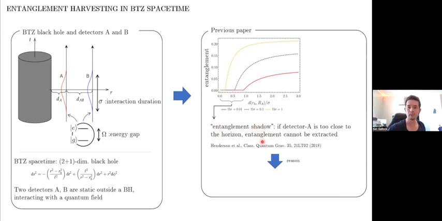They gave two reasons for this entanglement shadow. One is gravitational redshift, and the other is high Hawking temperature. Intuitively, near the event horizon, there will be extreme Hawking radiation attacking the detectors, so it is too noisy to extract entanglement, and also the gravitational redshift dilutes the correlation between detectors.